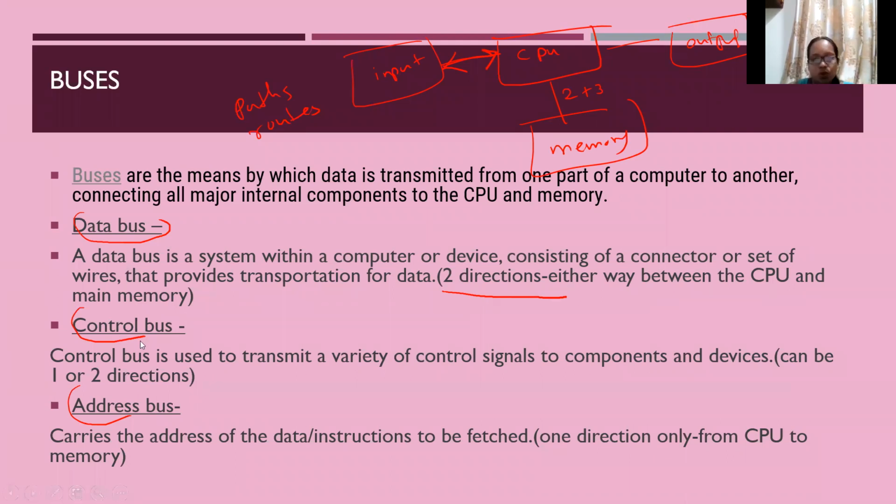But if you take a control bus, some control buses are unidirectional. They send control signals in one direction only. But there are some other control buses that work bidirectionally, right? And address buses are always one direction. Address buses are unidirectional, right?